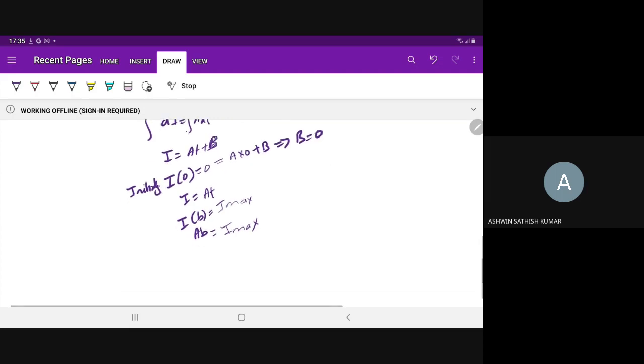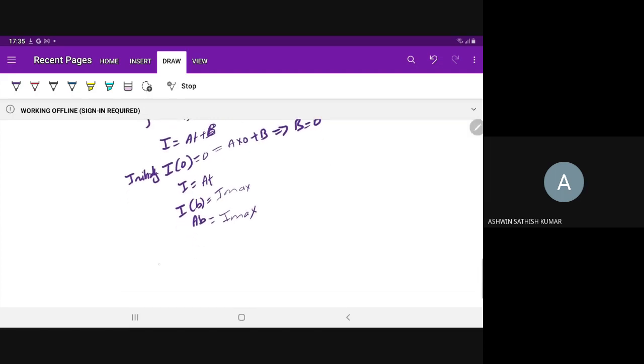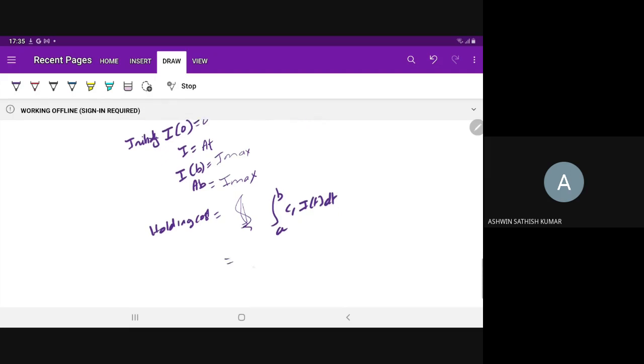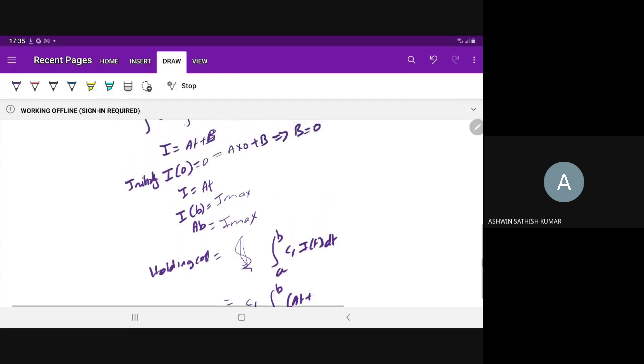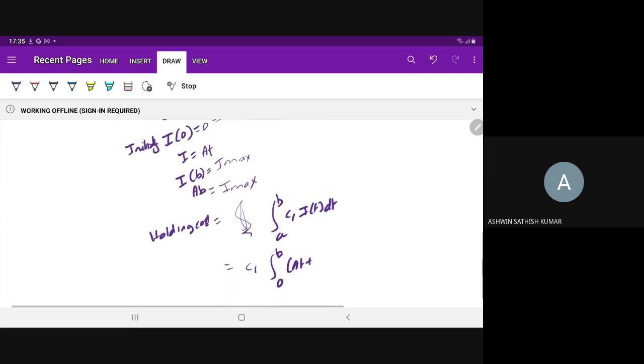Now, what is the holding cost? We know the holding cost is the integral from A to B of C1 I(t) dt. C1 is constant, the limits are 0 to b, and I(t) = At, which we have computed.